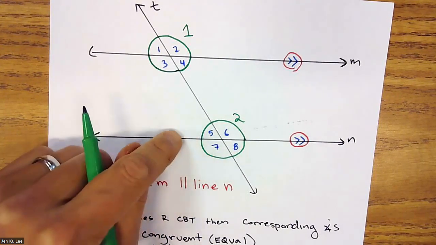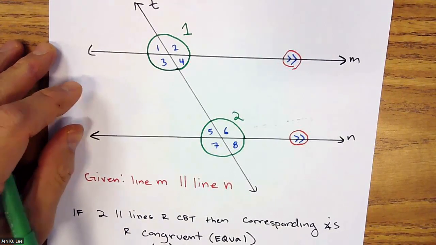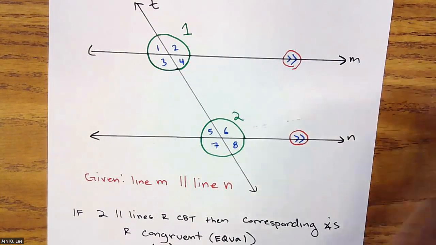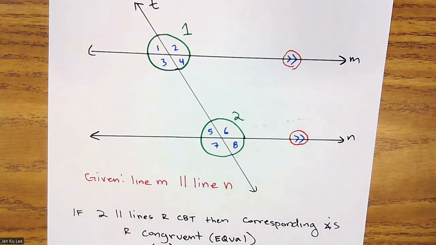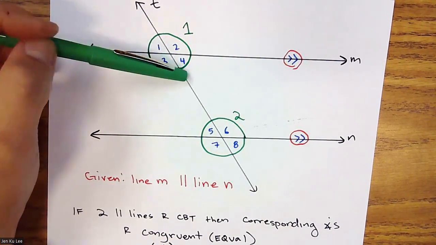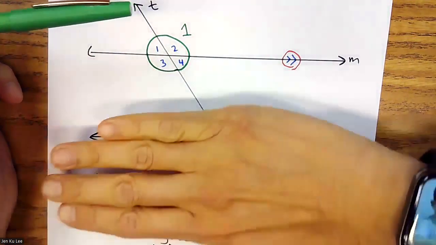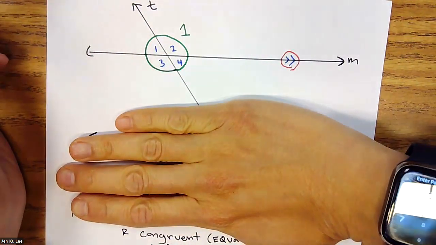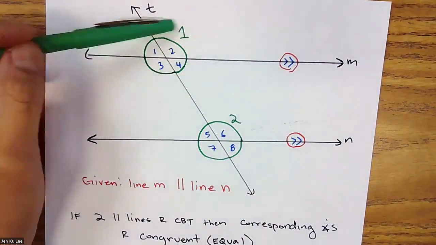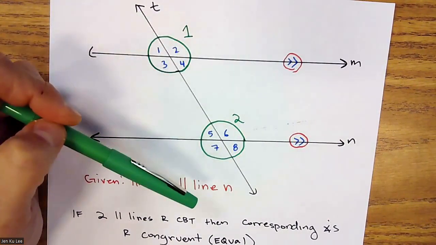Otherwise, we're not even using the fact that they're parallel lines, right? We don't even need to talk about the other line at all. If I say angle 1 is congruent to angle 4, because they're vertical angles, I don't even need line N. So we always have to pick from this group and from this group, one from each.